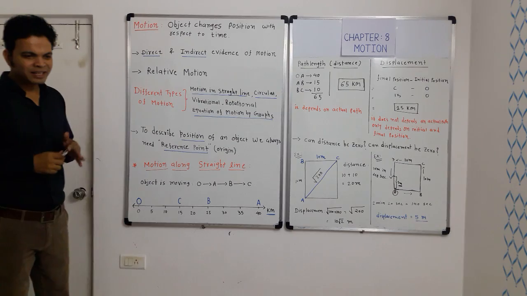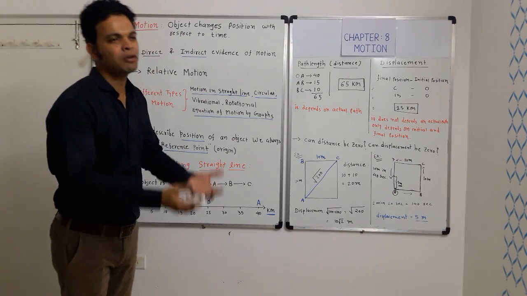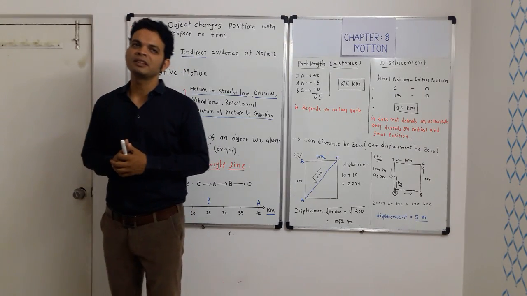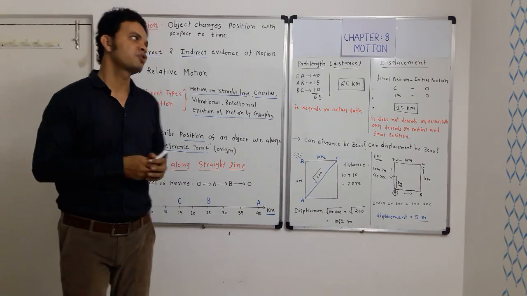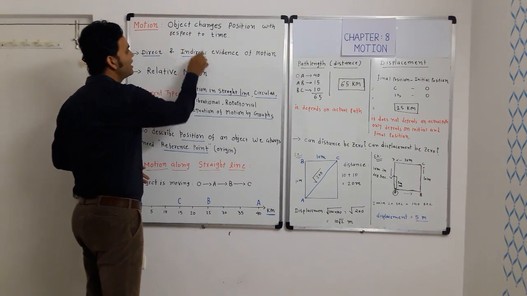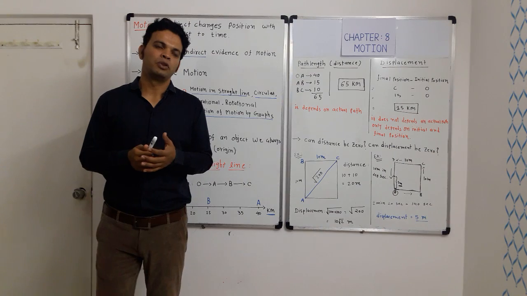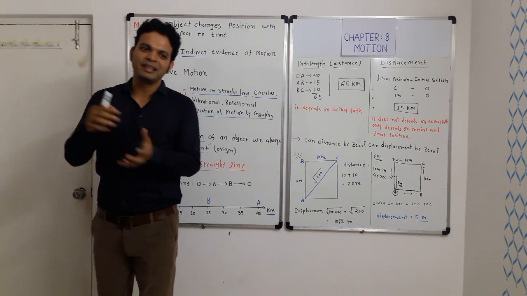Now, is there any example in which we cannot come to know about motion directly? The example we have discussed of the train, we can come to know directly that the train is in motion. But is there any indirect example? Can we see the wind? No, we cannot see it. Then how can we say that wind is there?